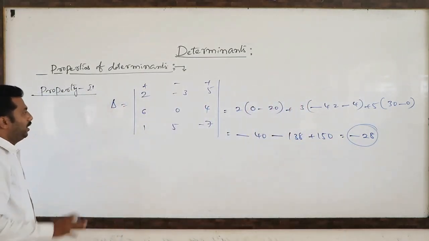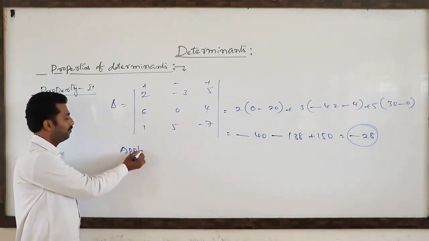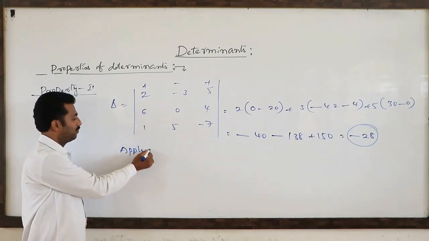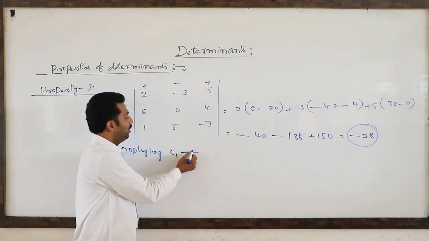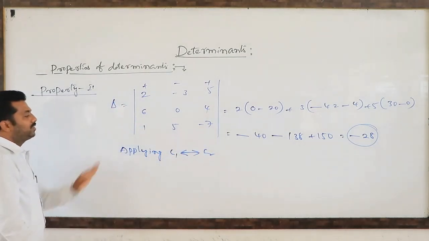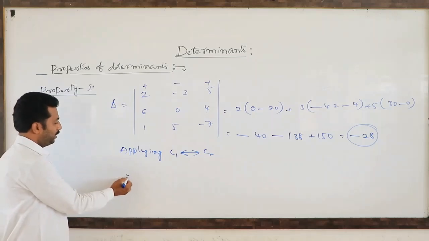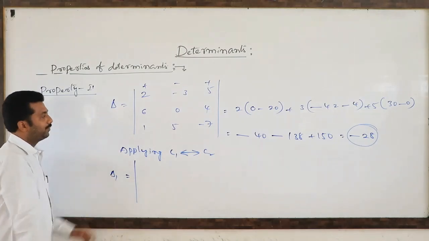Now if I interchange, applying C1 interchanges C2, you observe what we get. That is delta 1 I am taking.